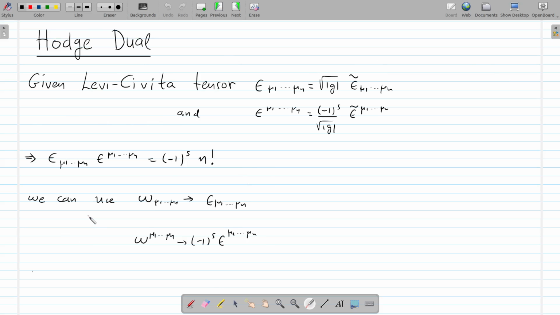Now, if we have a metric and the corresponding Levi-Civita tensor, we can apply those formulas for duality, except now we have to be careful that the Levi-Civita tensor with indices upstairs is not the inverse of the n form with the indices downstairs. So we can define duals by considering the tensor Levi-Civita with indices downstairs, and the inverse, which is the Levi-Civita with indices upstairs multiplied by the signature of the metric.